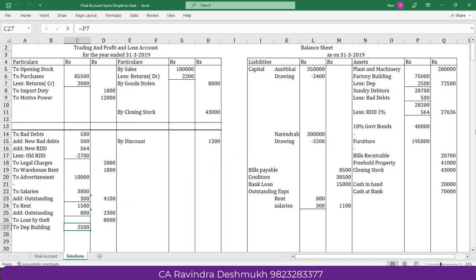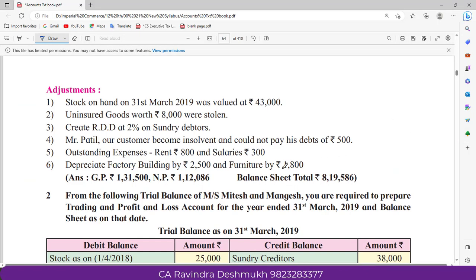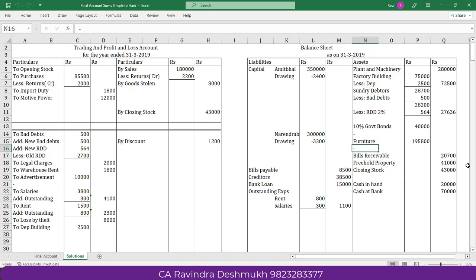Thereafter furniture 1800 is a depreciation, so less here as well. Depreciation 1800 will be subtracted. The second effect will be given on the debit side: depreciation on furniture 1800. So you could see.